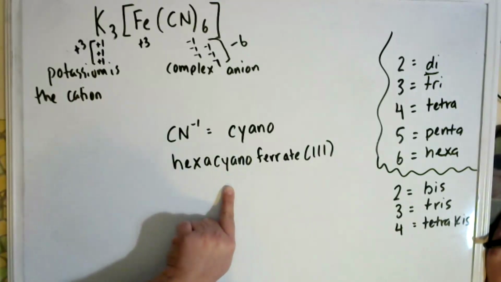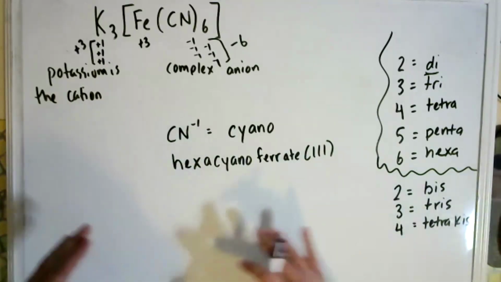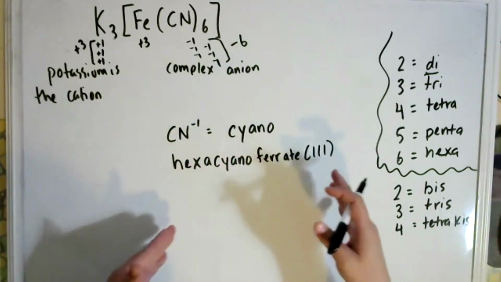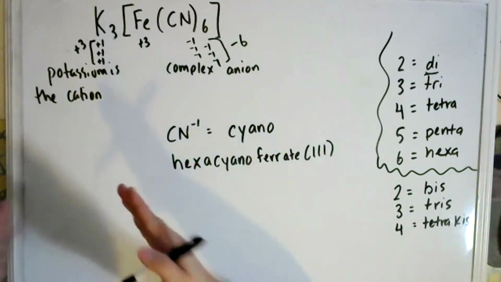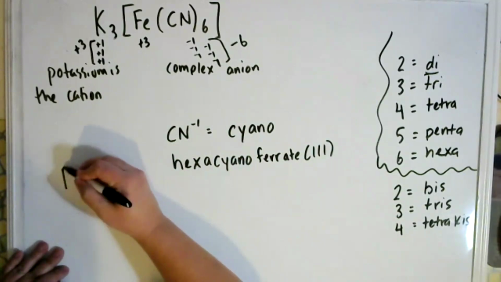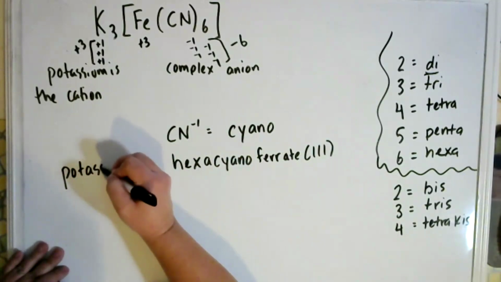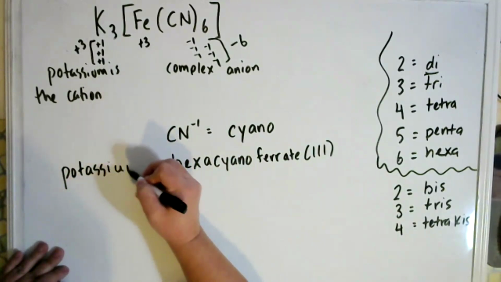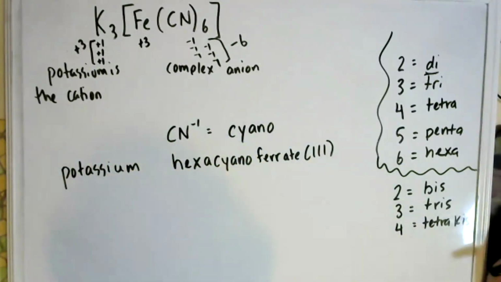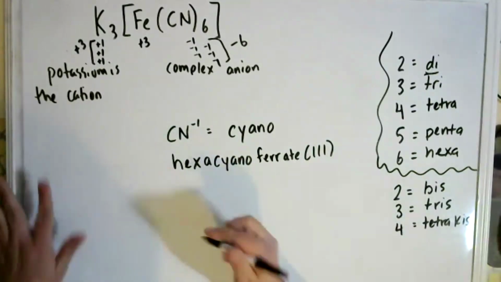Okay. Now, because we're working with a compound that has a simple cation and a complex anion, remember I said the beginning part of our name is just going to be our potassium. So the full name of this compound is going to be potassium hexacyanoferrate 3. Sorry, that's a big space between that.